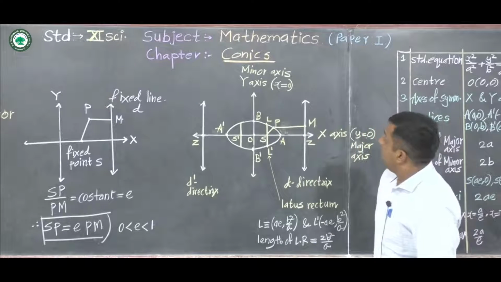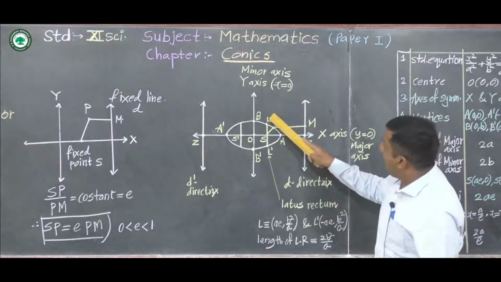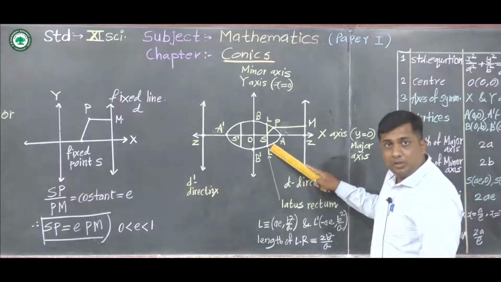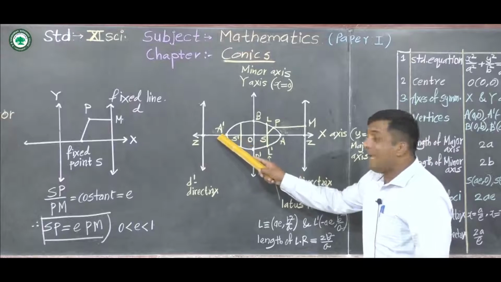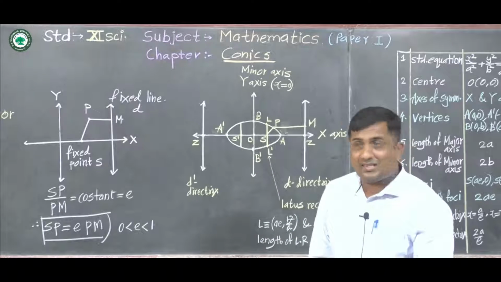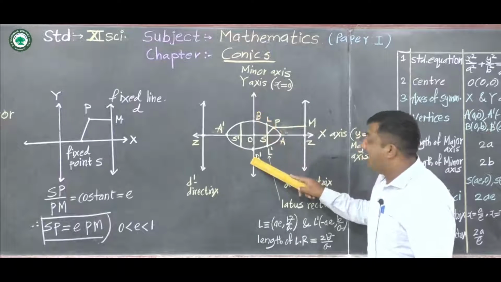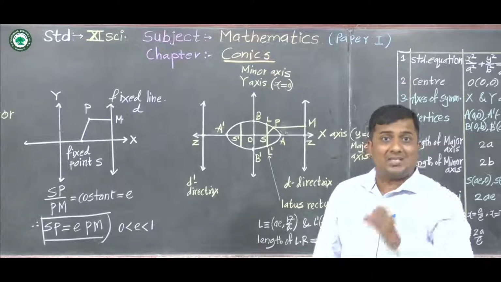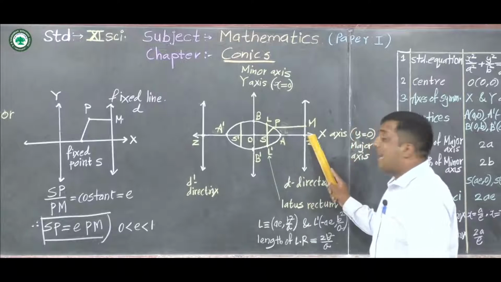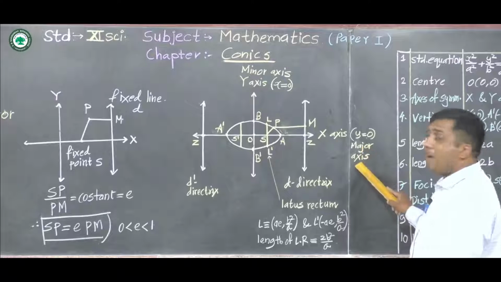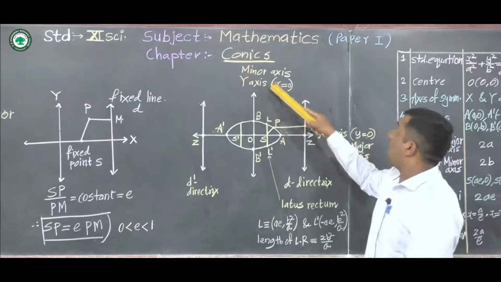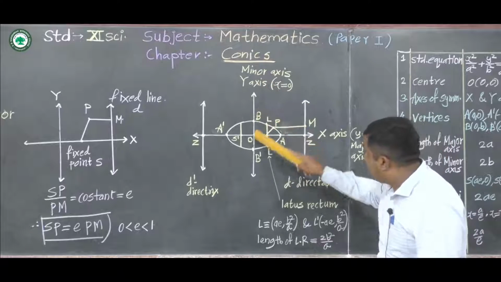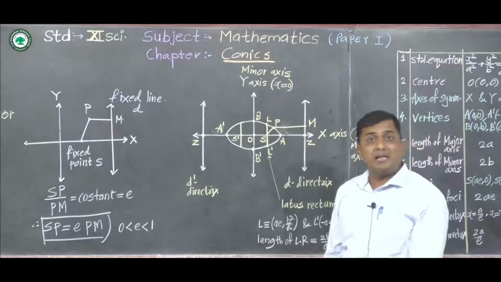Then we consider L and L dash. Remember, A and A dash are on the x-axis, and B and B dash are on the y-axis. The x-axis is called the major axis and the y-axis is called the minor axis.